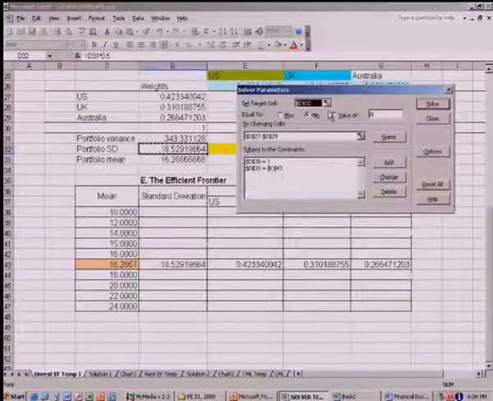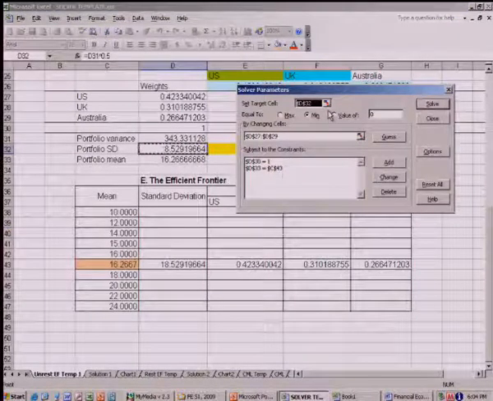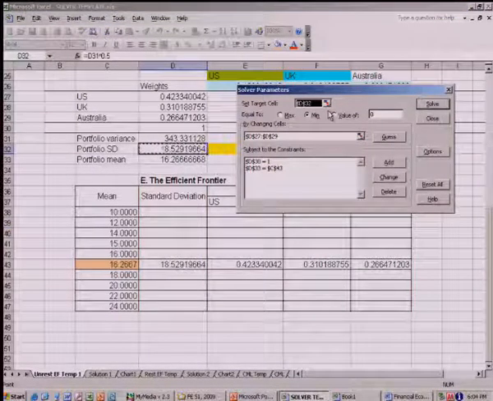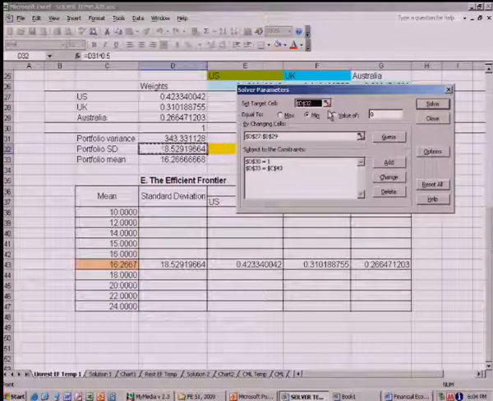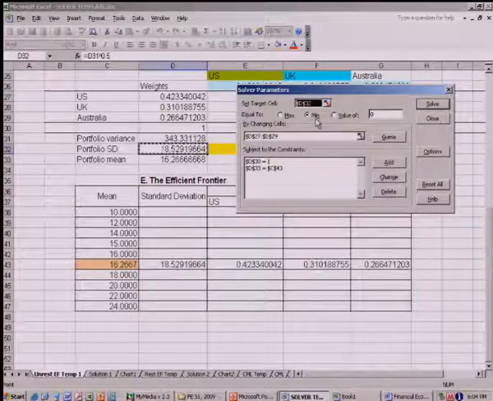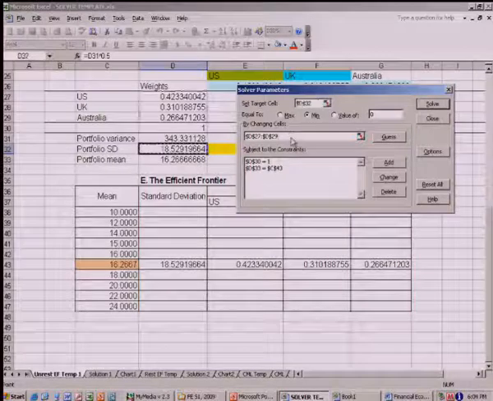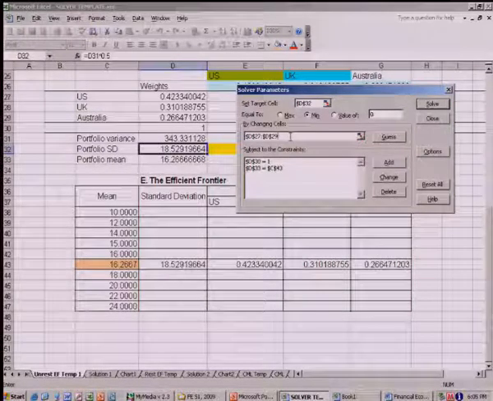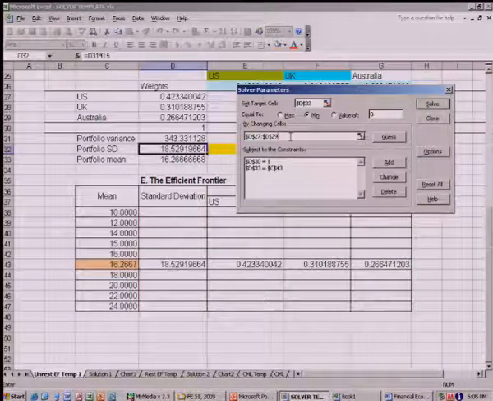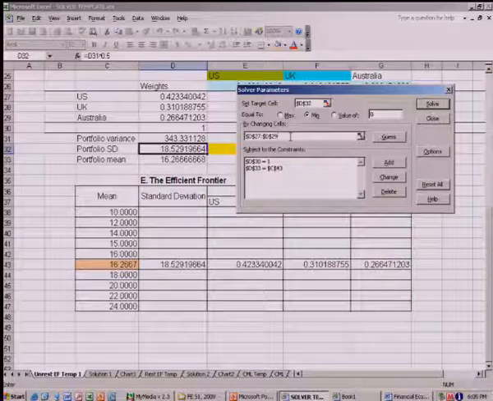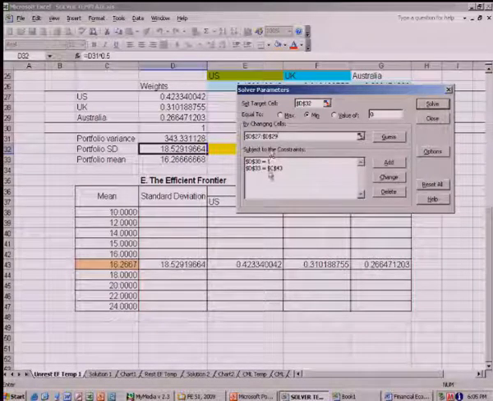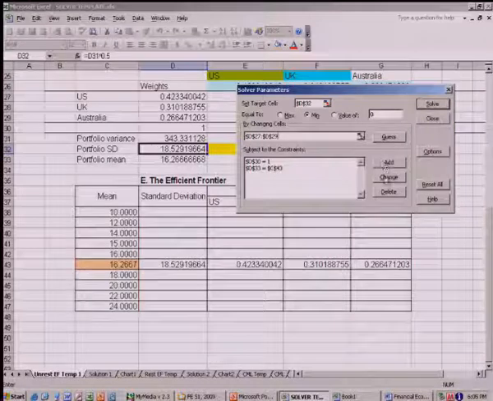And under the solver, I still want to minimize the portfolio standard deviation. I still want to minimize the risk. So I do not make any changes here. I still want to do that by changing the weights on the individual assets. So I'm not going to make any changes there. But the other change that I want to make is to one of the constraints.